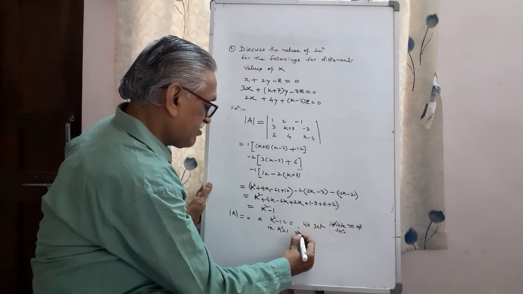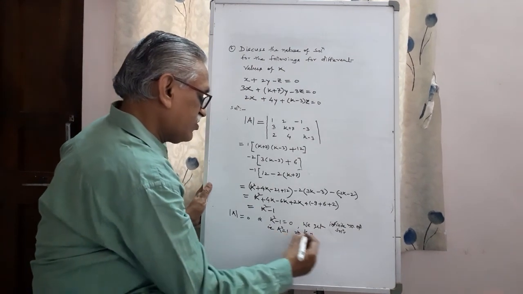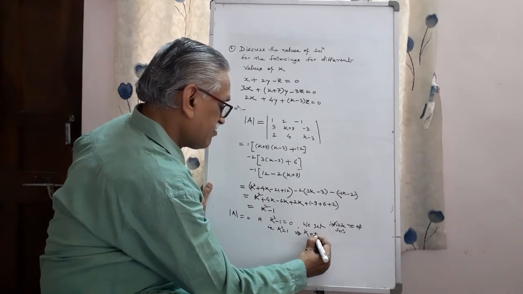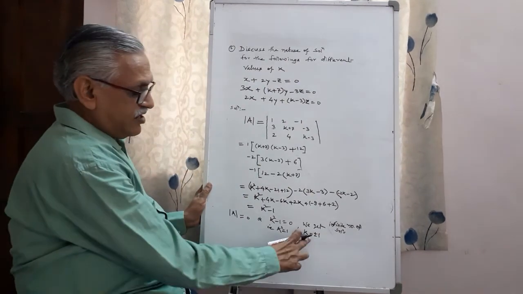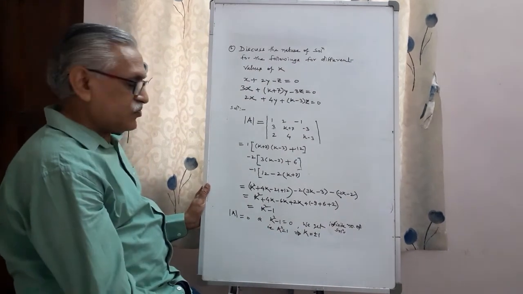It implies k equals, taking the square root on both sides, plus minus 1. For these values of k, we get an infinite number of solutions.